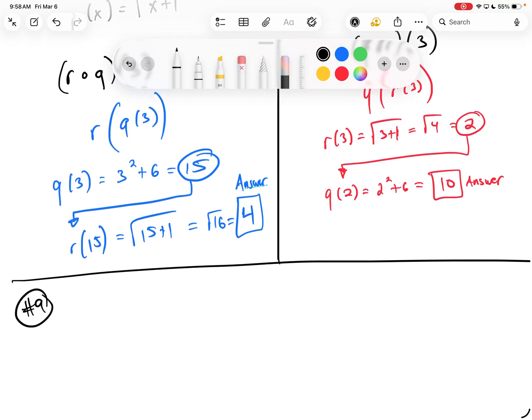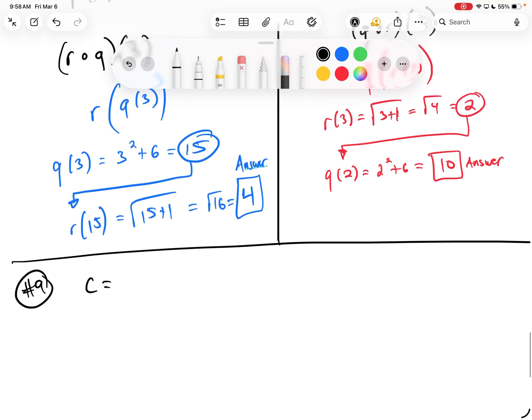All right, C is kind of a word problem, but it should be easy. Sugar Sweet Company delivers sugar to its company. C is the total cost, S is the amount of sugar. I'm reading it to you: C be the total cost to transport the sugar in dollars, S be the amount of sugar transported in tons.